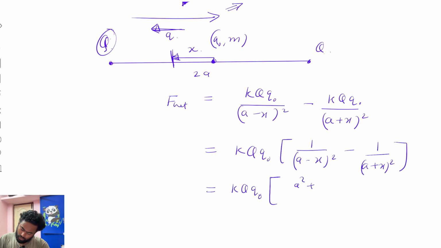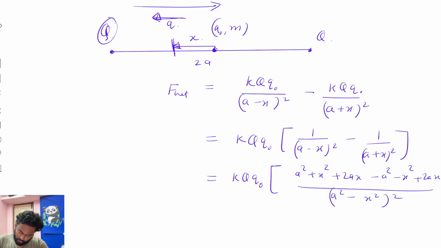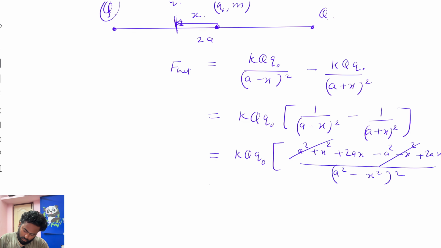Now, (a square plus x square plus 2ax) minus (a square plus x square minus 2ax), upon (a square minus x square) whole square. See here, a square and x square cancel, and 4ax will come. So k q naught into 4ax upon, now a is very, very large as compared to x, so it will become a power 4.